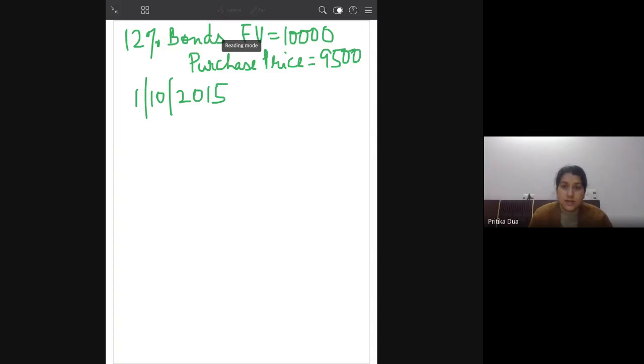Now, first thing to understand is that bonds are your debentures, your fixed commitment from the issuer, one who is issuing the bonds.